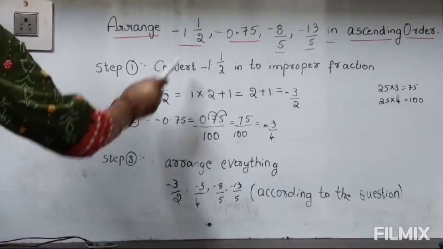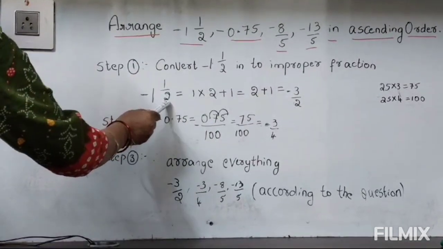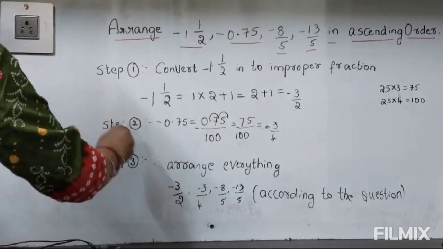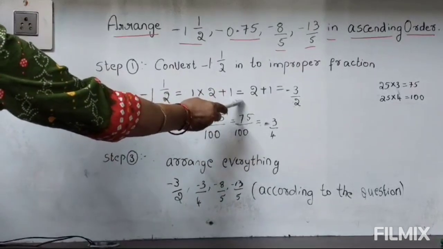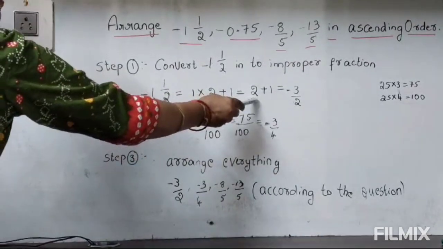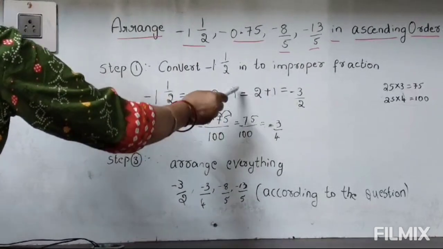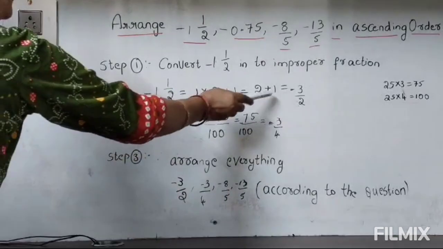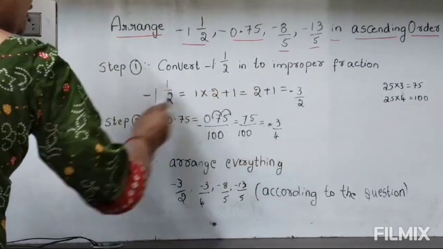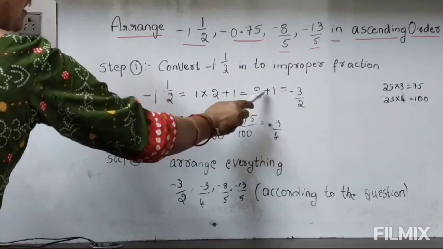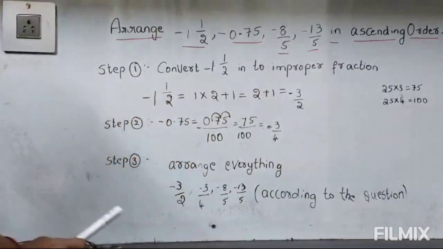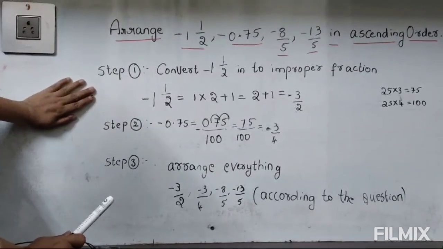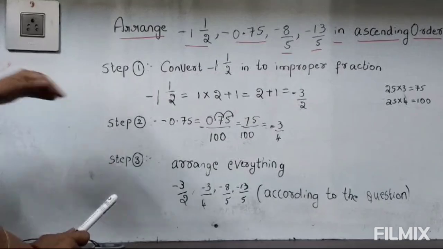You have to multiply 1 into 2, that is 2, and add the 1, so 2 plus 1. You have to retain the minus as it is. Minus, 2 plus 1 is 3, so minus 3 by 2. This is how you convert a mixed fraction into an improper fraction.